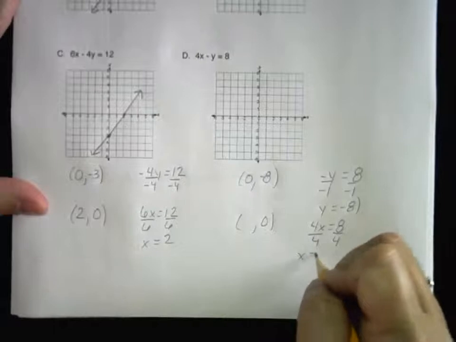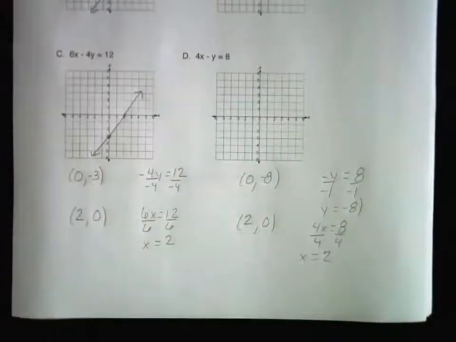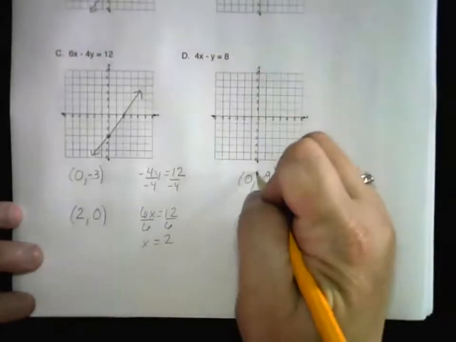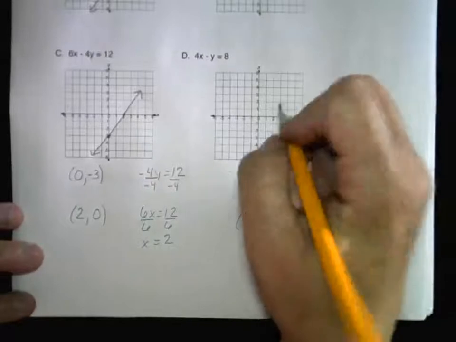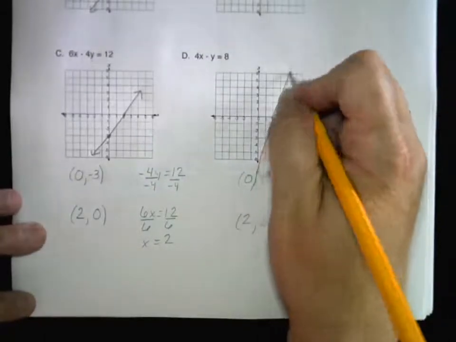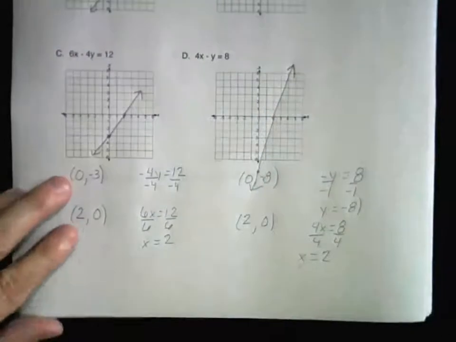Dividing both sides by 4, x equals 2. When you graph that, you are off the chart a little bit. We'll put (0, -8) down here, (2, 0) right here, and then the line looks like that.